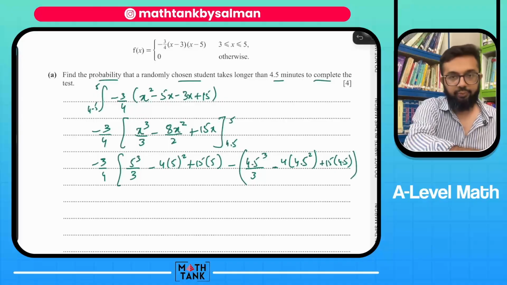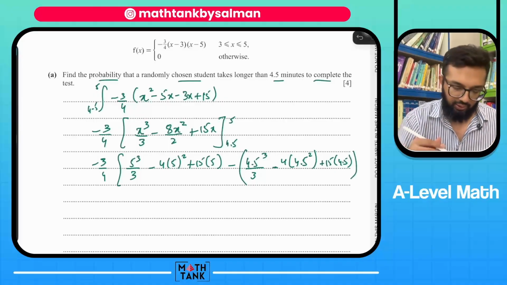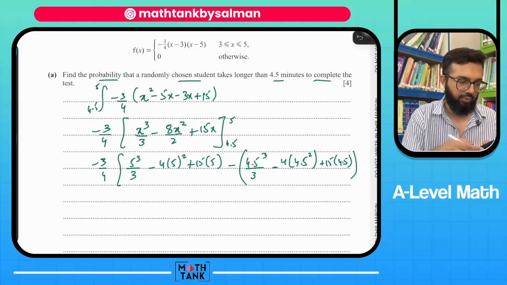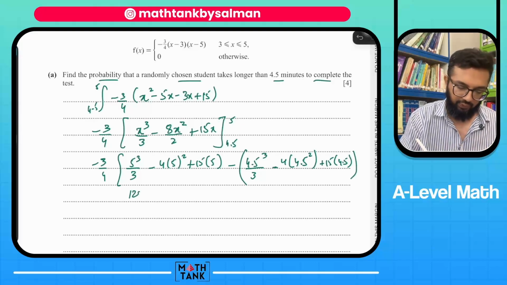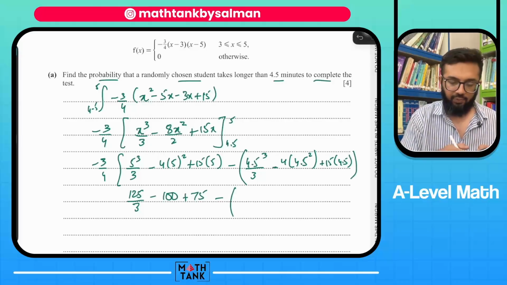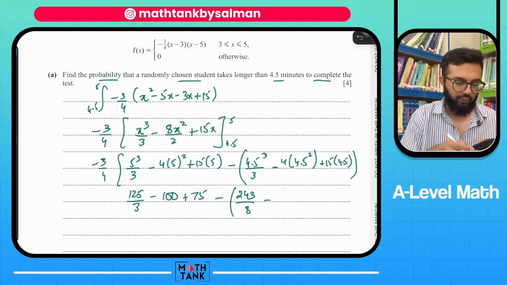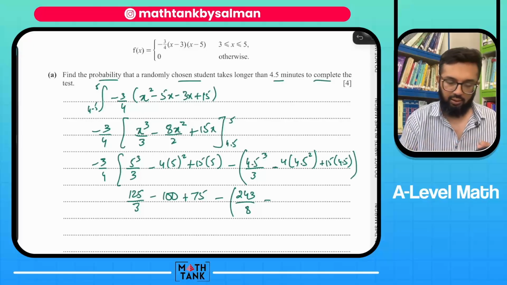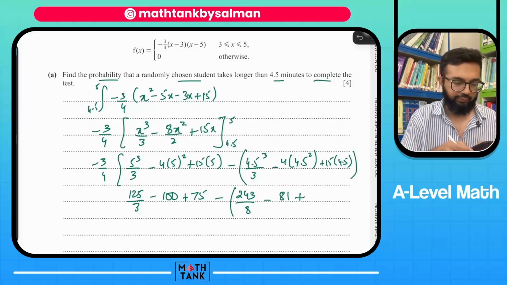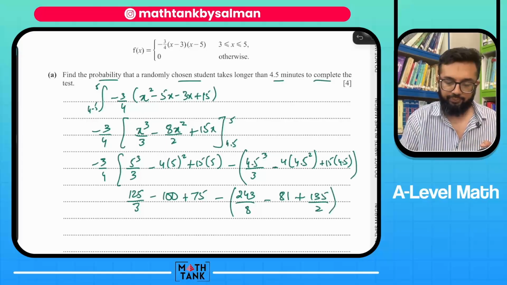Okay, so those are lengthy calculations. Start doing them. What's 5 cubed divided by 3? It is 125 over 3. Minus 4.5 cubed divided by 3. That's 243 over 8. 4 times 4.5 squared is 81.